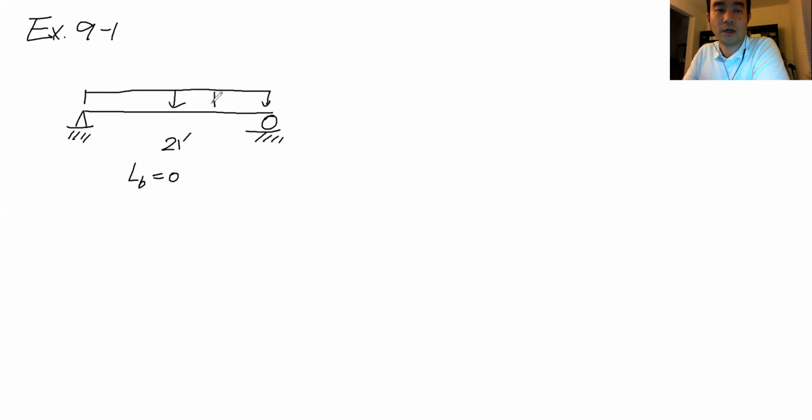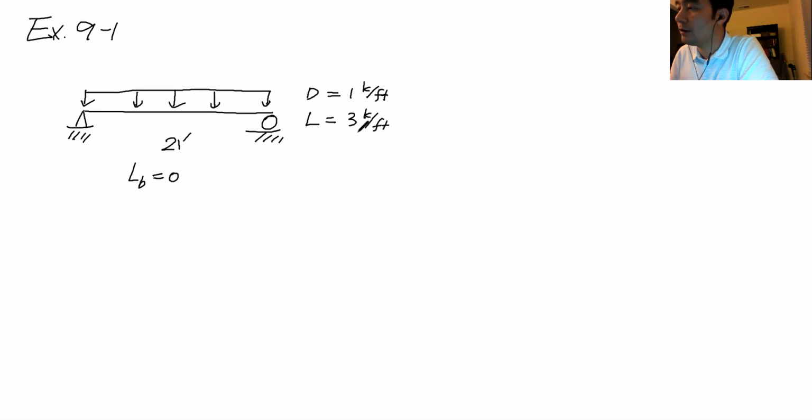We have two different kinds of loading here. The dead load is 1 kip per foot. It doesn't include beam weight. And the live load L is going to be 3 kips per foot. The given section is this W21x44.